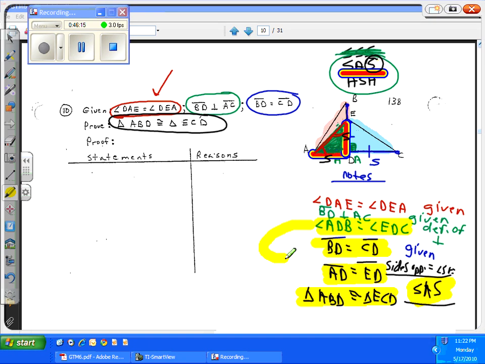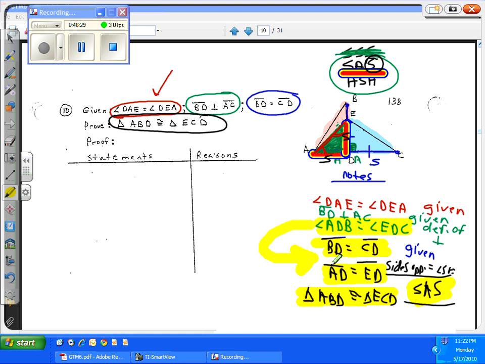I need those three statements to say side angle side, but I would prefer that my angle be in the middle so I actually see side angle side. So I'm going to scoot that angle down in there.